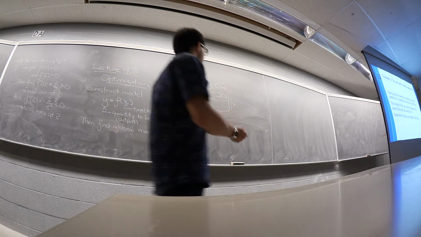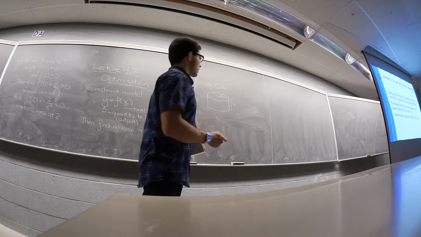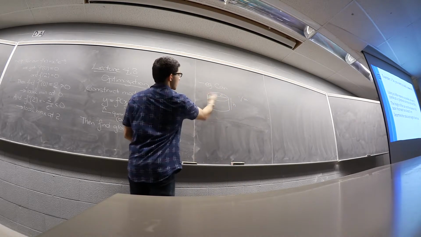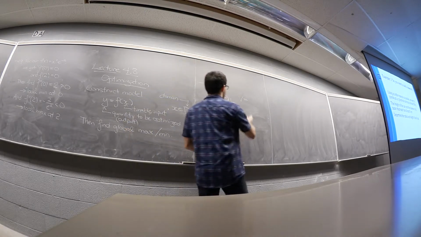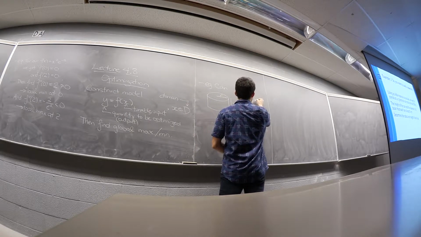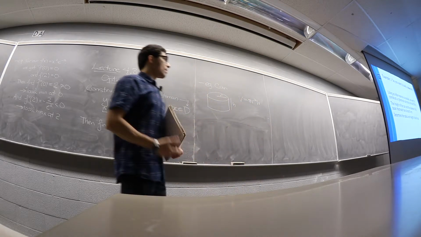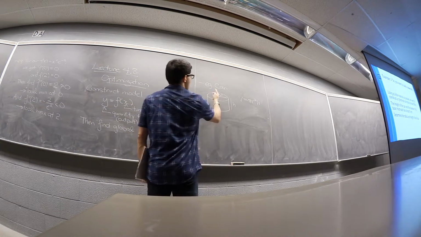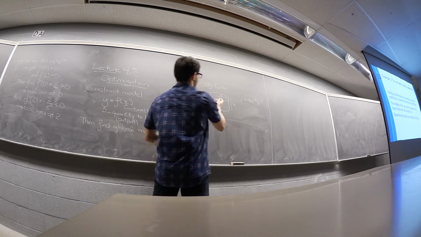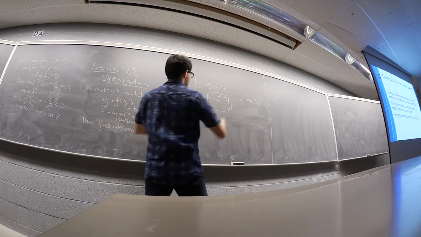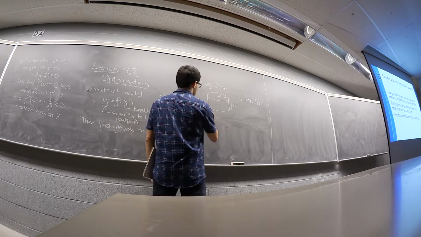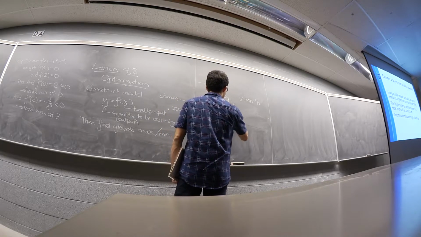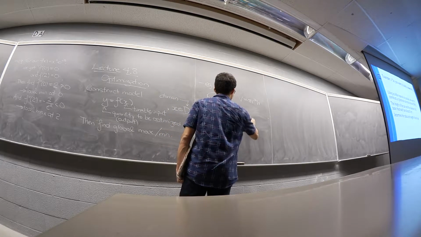What's the volume of such a thing? The volume is the area of the base times the height. The area of the base, it's a circle, pi r squared, times the height. What's the surface area of this thing? It's the area of the top, the area of the bottom, and the area of the sides if I unwrap it. So the surface area is going to be 2 pi r squared plus 2 pi r h.